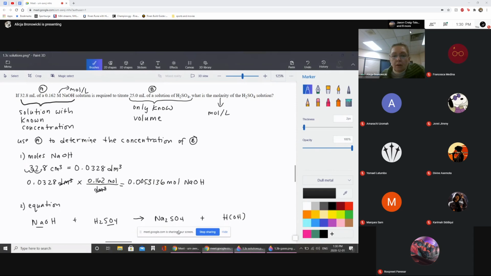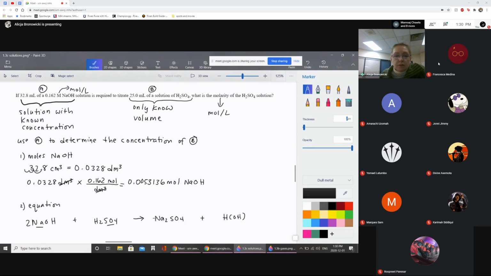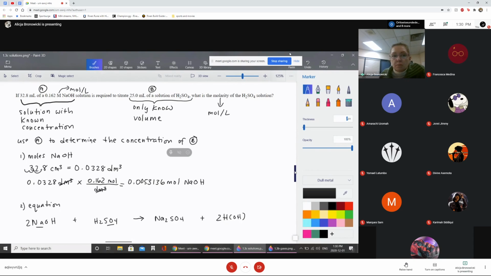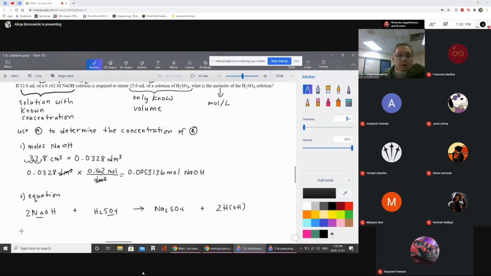So I just balance this. 2Na, 2Na, if 2 OH, I need to put a 2 here, 2 hydrogen, 1 SO4, 1 SO4. So it's balanced. Okay. So now, thanks to my equation, I'm going to figure out moles of H2SO4.